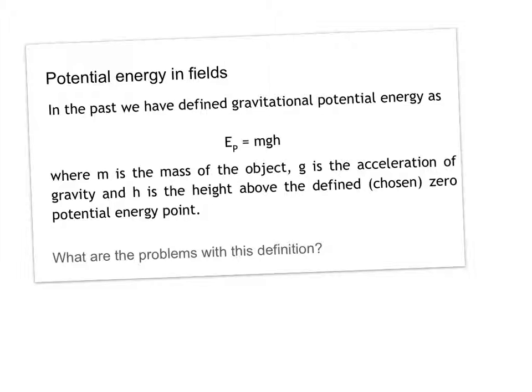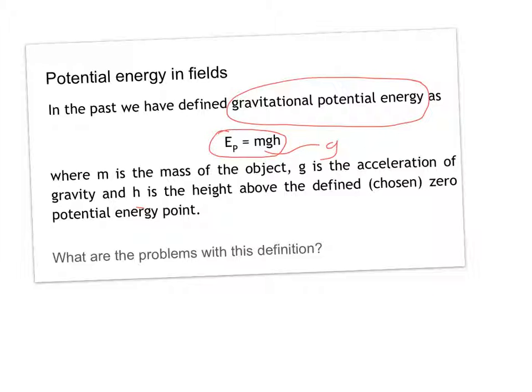Well, we need to talk about the potential energy in fields to start with. In the past, we've always discussed gravitational potential energy as being simply the mass times the field strength. Yes, it's the same field strength we've been talking about recently, times the height. Now, m is the mass of the object. g is also the acceleration due to gravity, so that's equivalent and equal to the field strength.